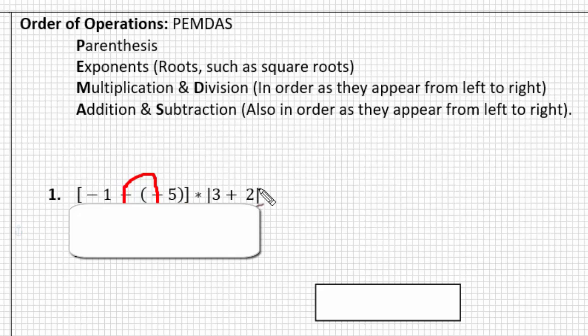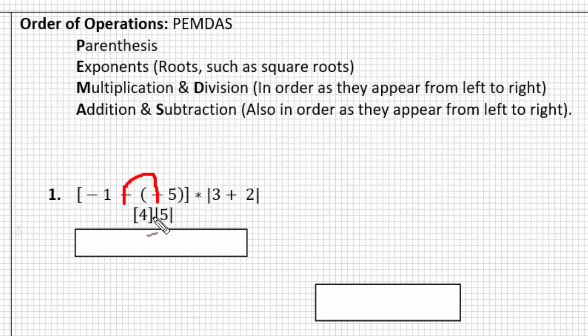And then over here in this set of brackets, absolute value is considered a bracket, we have 3 plus 2, which is 5. So now we have 4, remember that hidden operation, times the absolute value of 5.